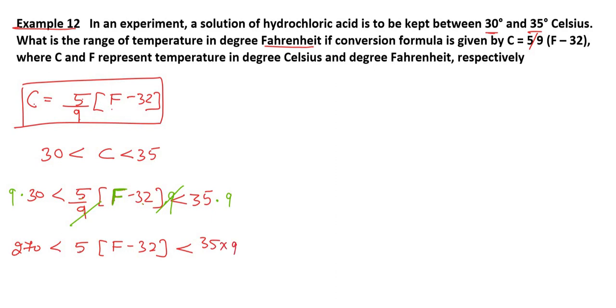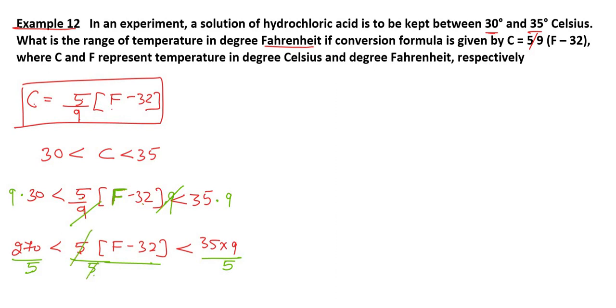Now I don't want 5. What should I do? Can I divide by 5 everywhere? Divide this term, and this term. Since I am dividing by plus 5, there is no need to change the inequality. Remember, there is no need to change the inequality.